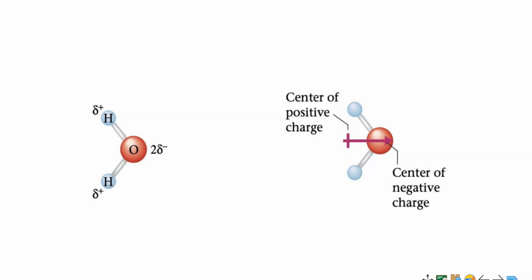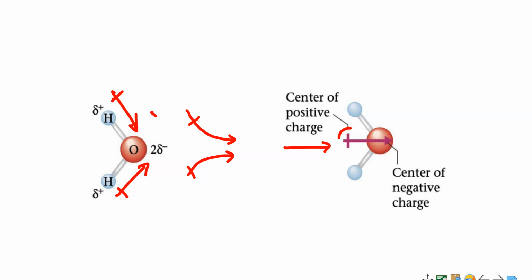Water actually has two dipoles, or two polar bonds. Okay? Each hydrogen-oxygen bond is slightly polar. But what happens is this is sort of like a vector in the respect that these two arrows combine to form a new direction.